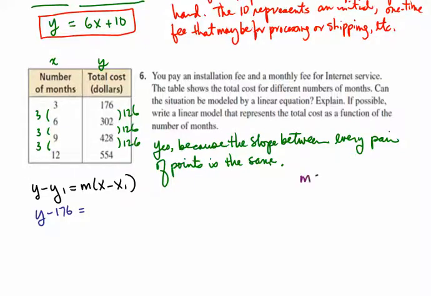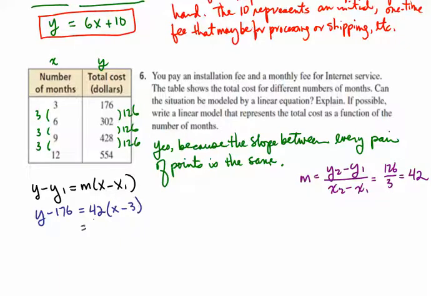So m is equal to y2 minus y1 over x2 minus x1. In this case, we know that between the first and second points, the change in y is 126, the change in x is 3, and so the slope is 42. So we're going to come back here and use that slope, 42 times x minus x1, which would be 3.